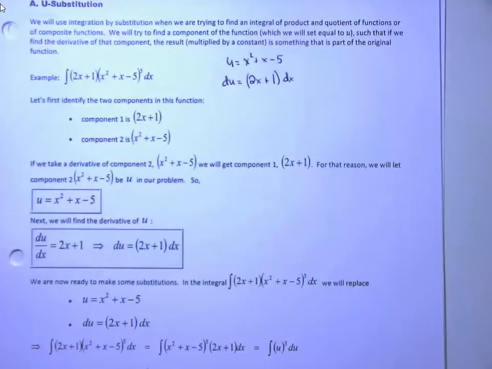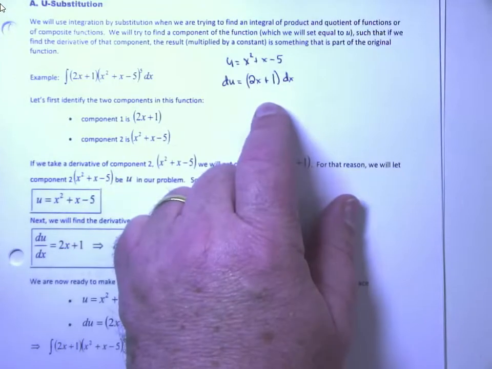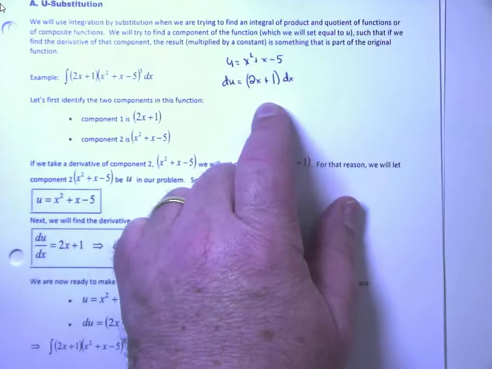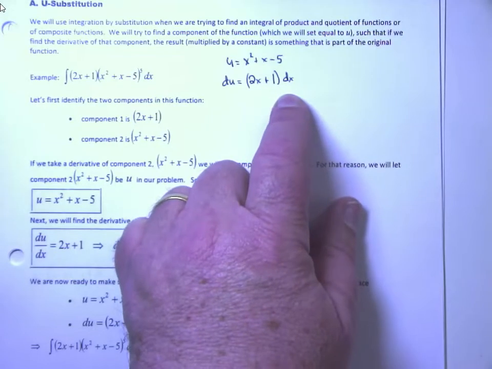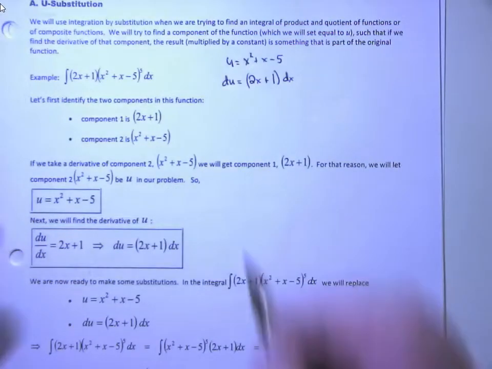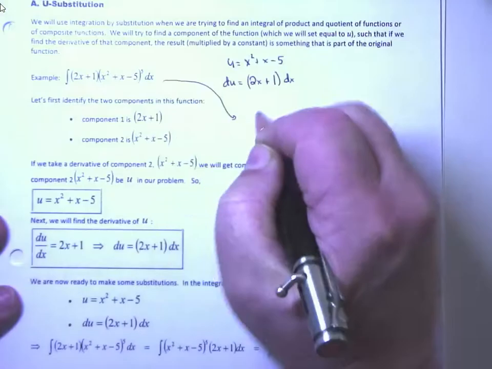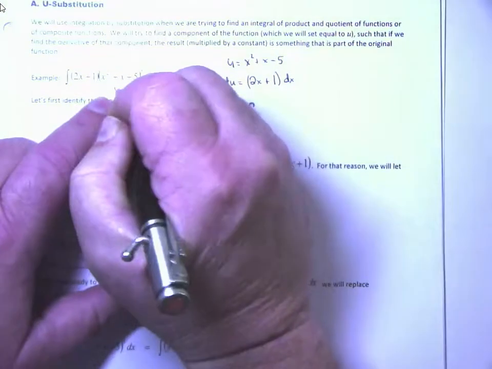That dx tells me I took the derivative of x variables. The derivative of u is 1 du, because I took the derivative of the u variable. X squared plus x minus 5, the derivative of that is 2x plus 1 dx, because of the dx, I took the derivative of x variables. Now, we're going to substitute. So when you look at this problem right here, this will turn into the integral. This was the u part, and what are you doing to it?